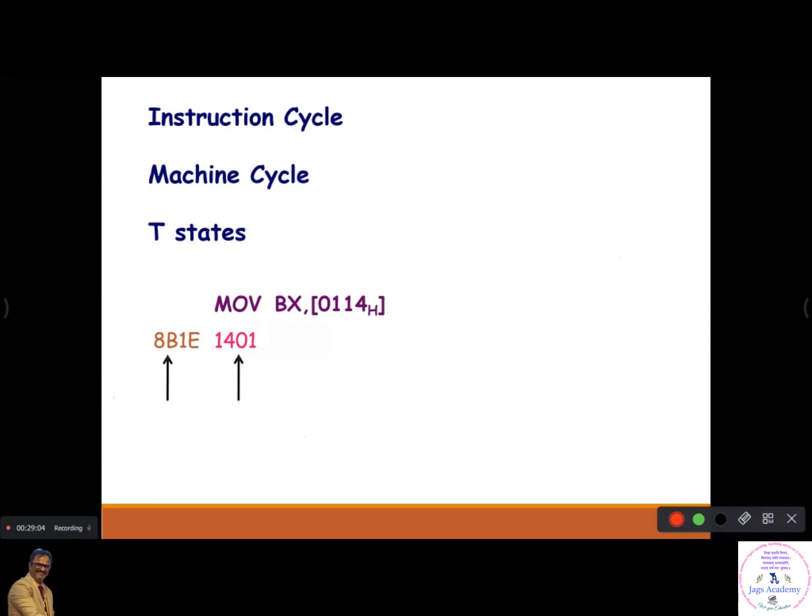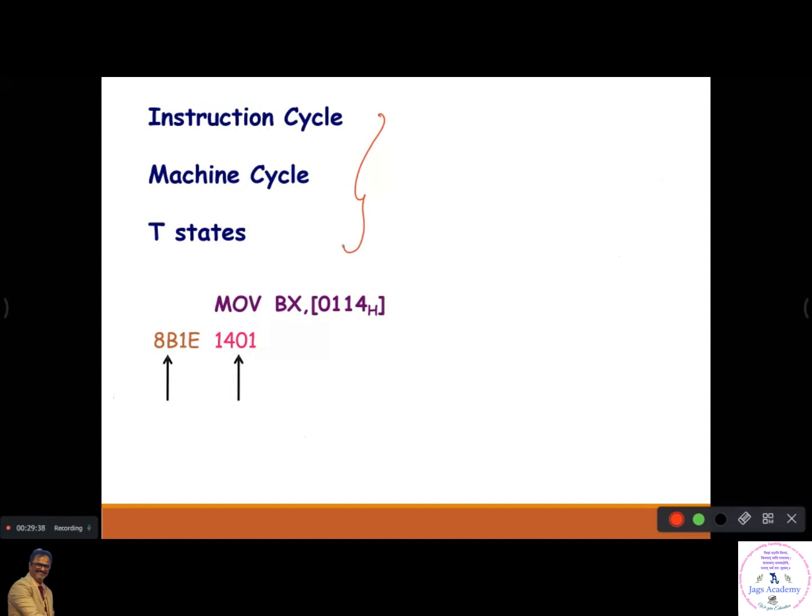Now, let us see three important terms of microprocessor execution. There is something called the instruction cycle. What is an instruction cycle? The time taken by the 8086 microprocessor to complete execution of an instruction is called an instruction cycle.